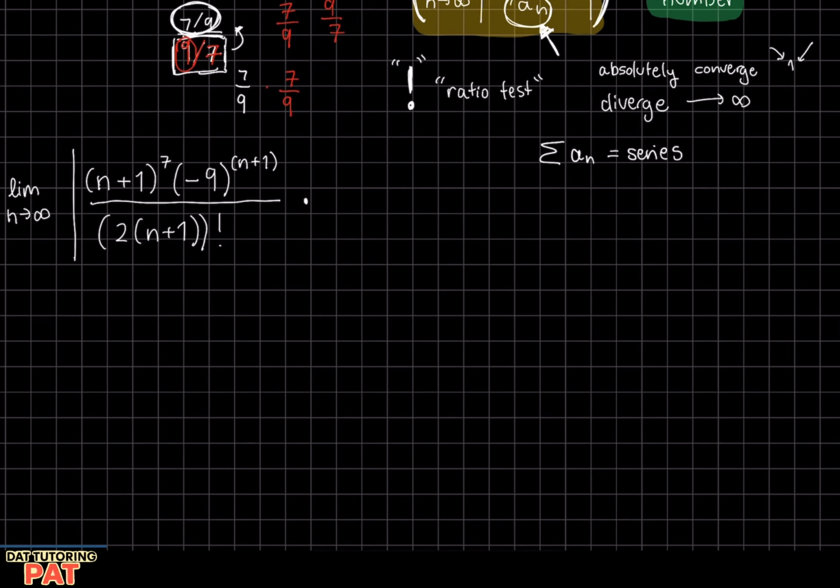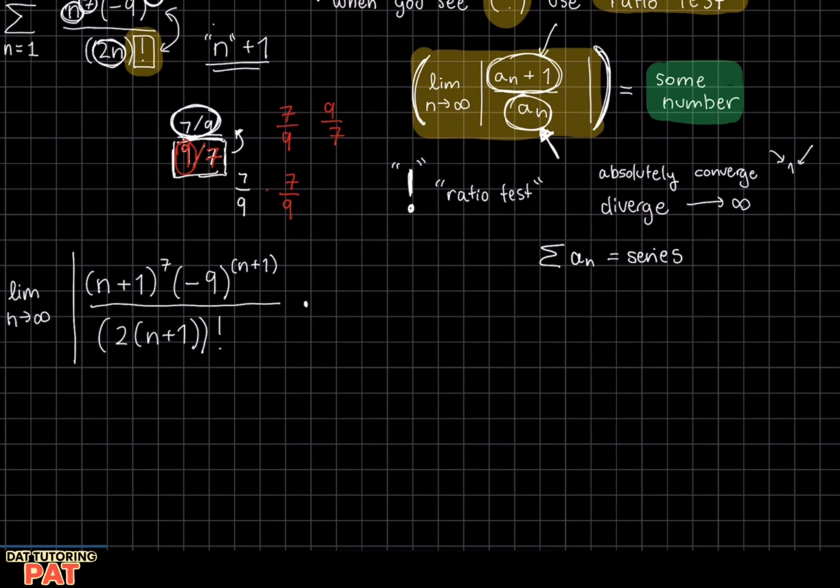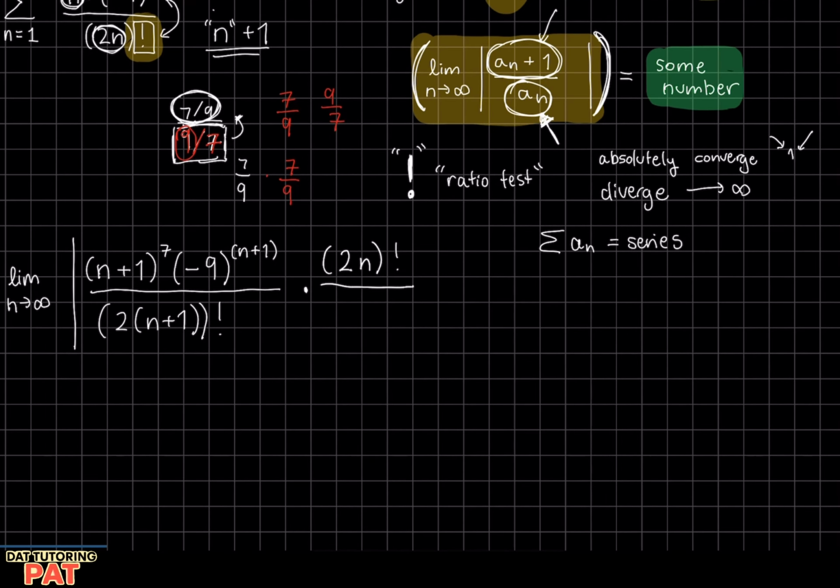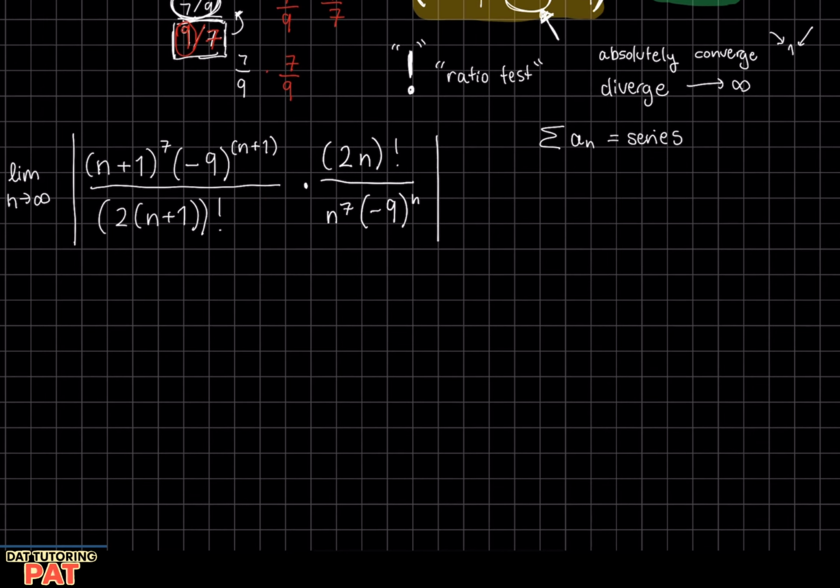So let's take that same logic and use it on this really weird looking problem. So just write the denominator on the top, 2n factorial. And I'm about to explain to you exactly what a factorial is, because if you're like me, you're not going to understand what the heck a factorial is.